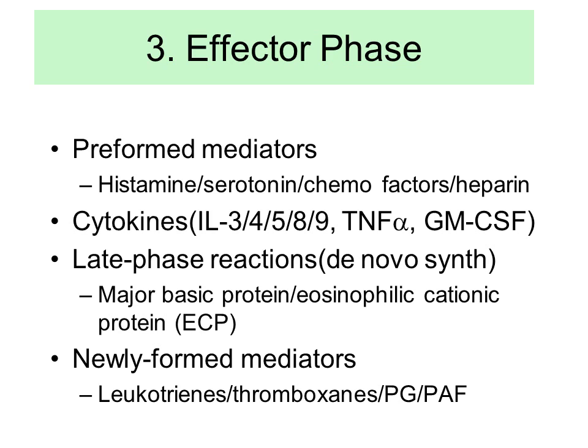These cytokines are released, you need to block them. Or there are two more cytokines, TNF-alpha and GM-CSF, you have to block them. But remember that some of the drugs are more effective than others. Then we have the late phase reaction, de novo synthesis. This means that they are made later on.